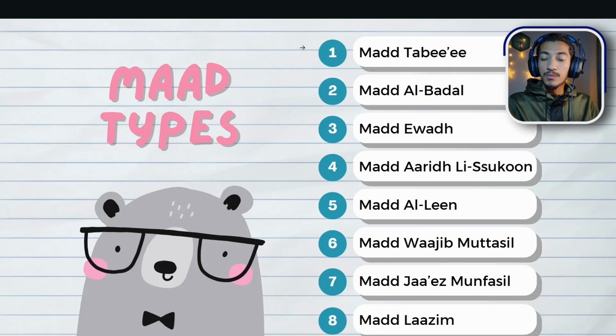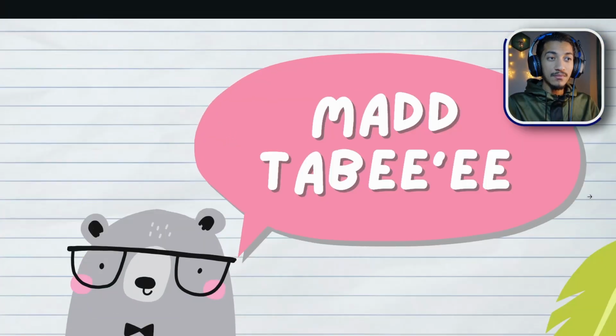It's not followed by a Hamza or Sukoon, and also not preceded by a Hamza. In this case, it's a natural Maad, the normal one. And by this, you will find the difference. The next for today, inshallah, is Maad al-Badal, Maad al-Iwad, and Maad Aarid للسكون.